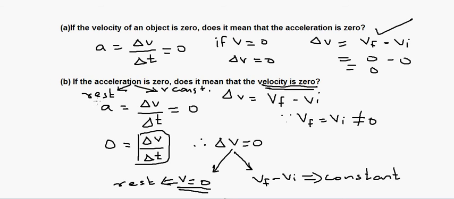The body at rest, that is the velocity equal to 0, is one of the possibilities, but it does not necessarily mean that the velocity is always 0, right? The velocity can be constant and acceleration still can be 0. So if the question says necessarily, then it's gonna be false. It does not necessarily mean that the velocity is 0. It can be constant as well.